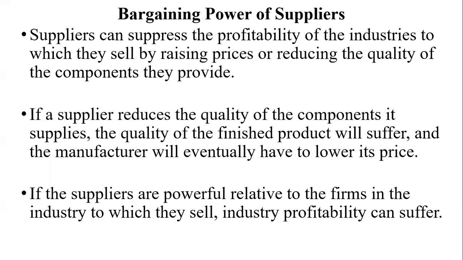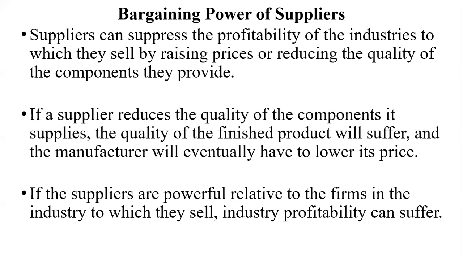Other than that, you will be driving off your customers. In the same vein, if the suppliers are powerful relative to the firm in the industry to which they sell, the industry profitability can also suffer.